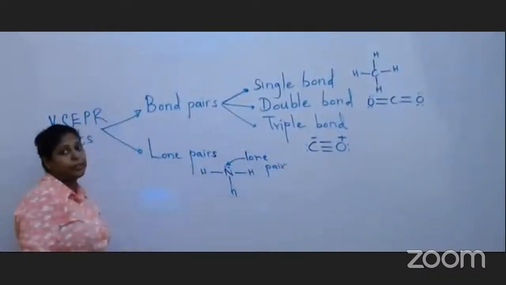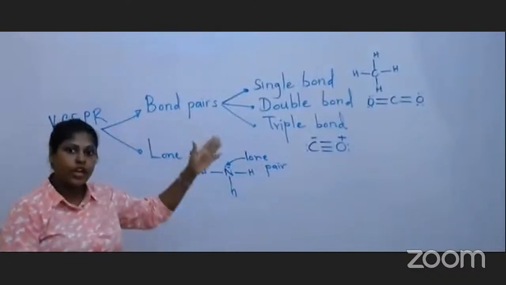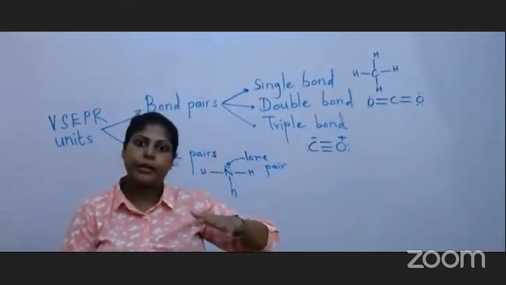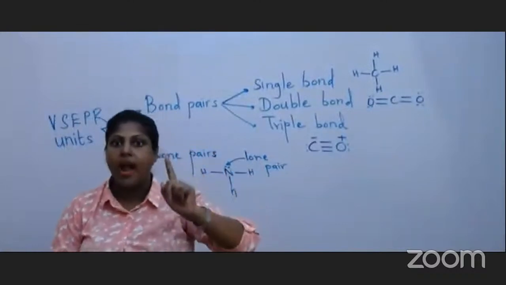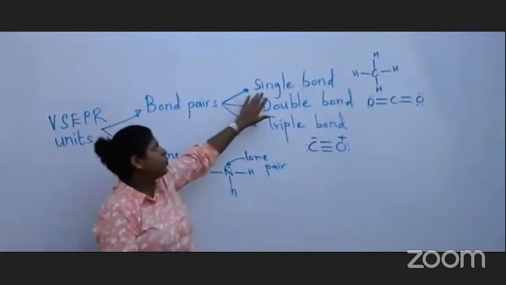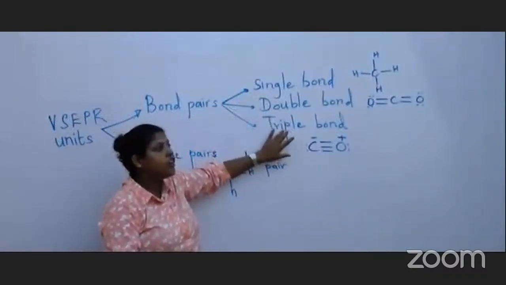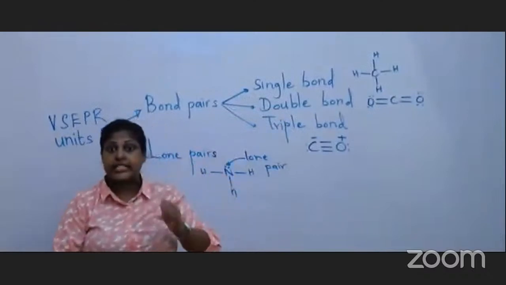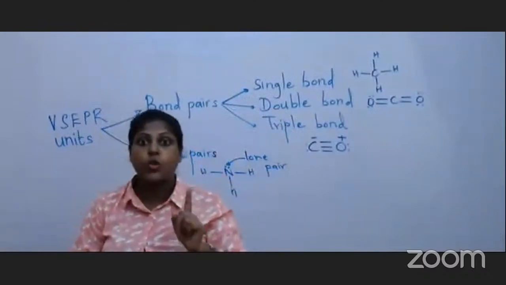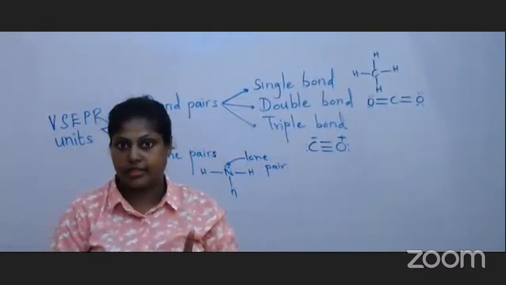So when you take VSEPR units, one single bond, one double bond, or one triple bond is considered as one VSEPR unit. Clear? We consider it as only one VSEPR unit.